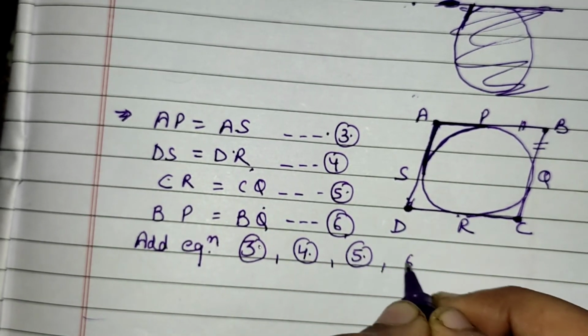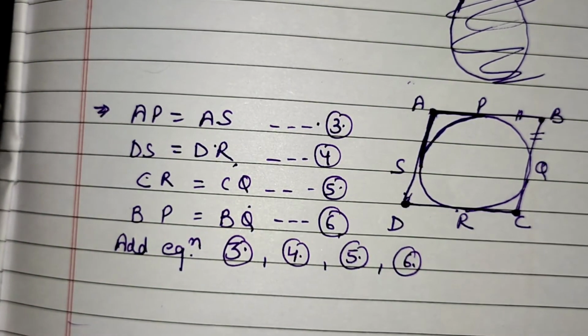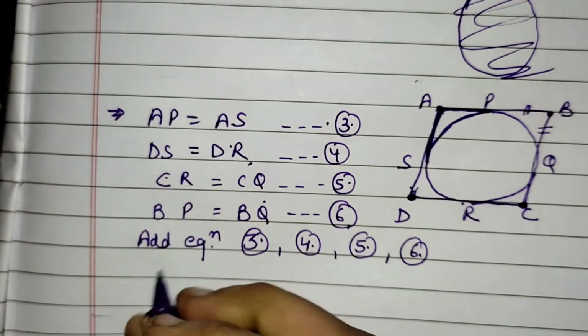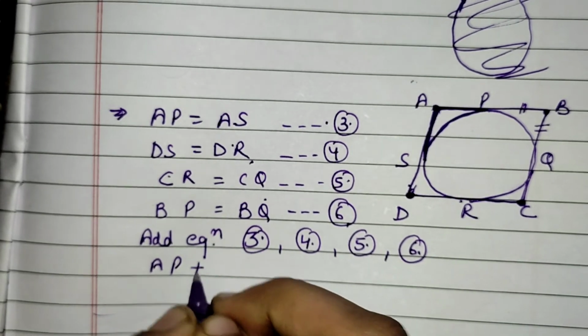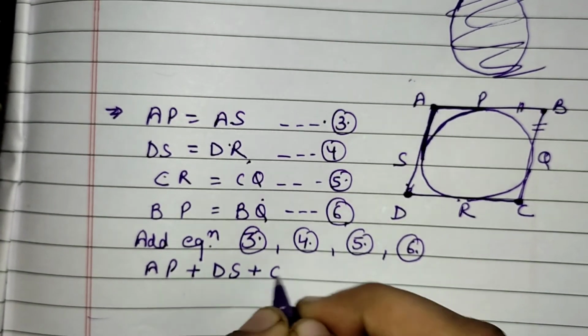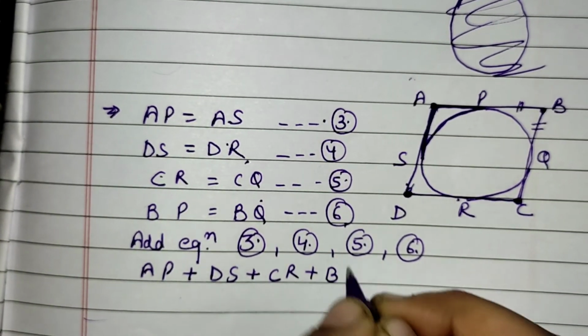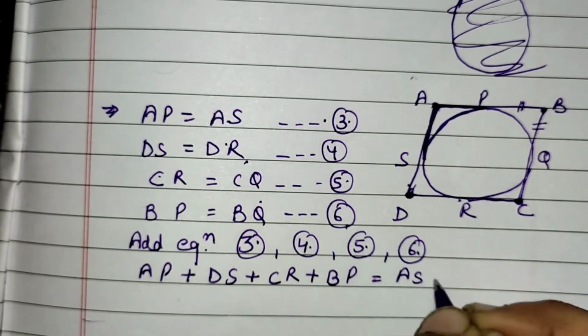We have done a similar question earlier also in this exercise. So when I add the left hand side with the left hand side and the right hand side with the right hand side, what will I get? Let us see.